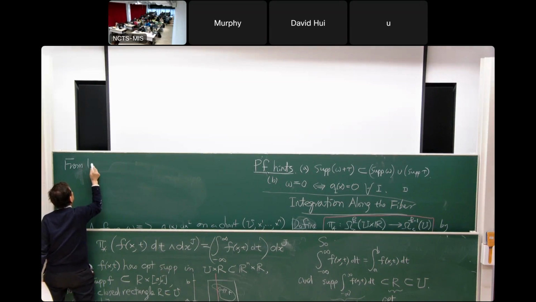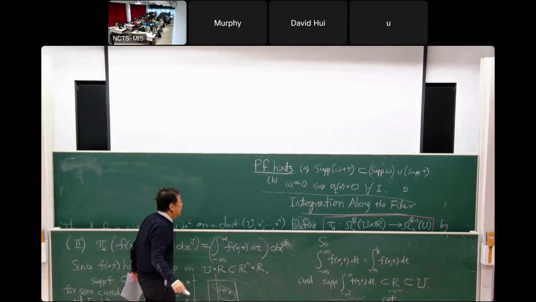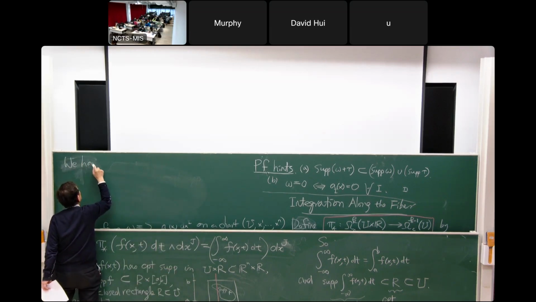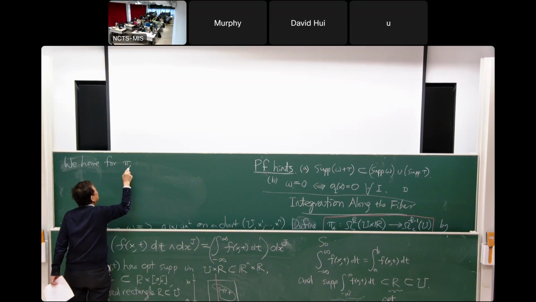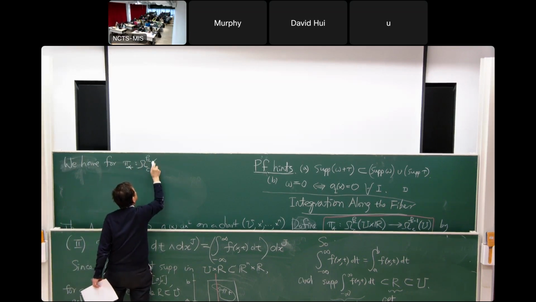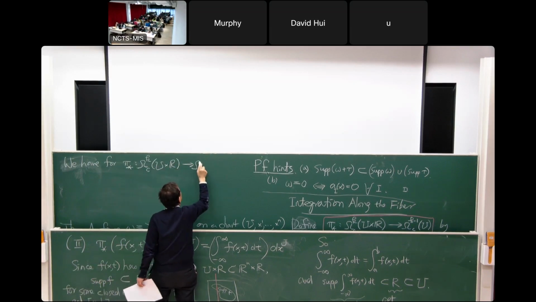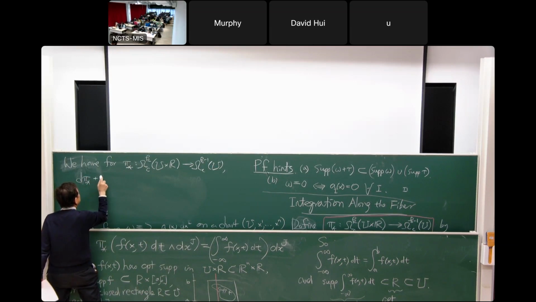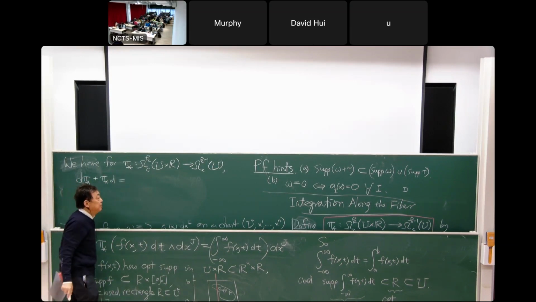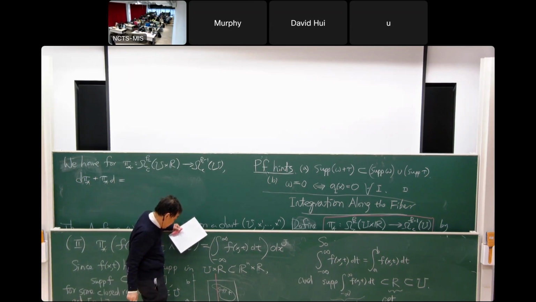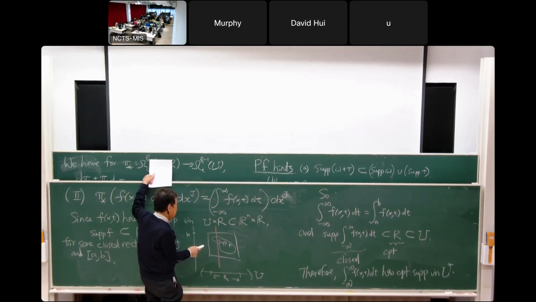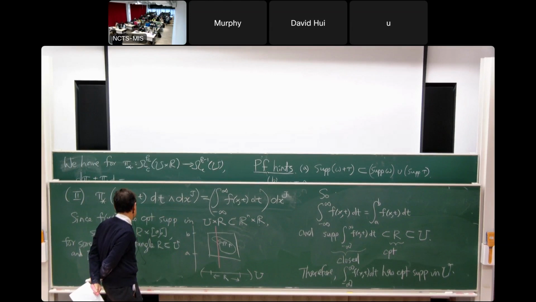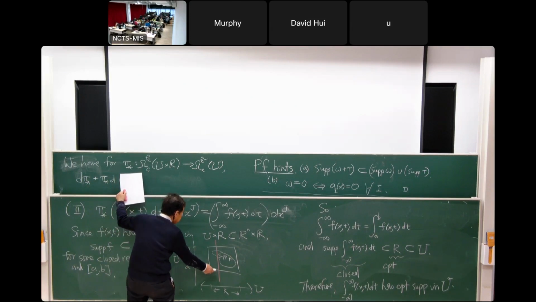So from the generalization of last time, we have for this new pi lower star: d pi lower star plus pi lower star d is equal to... For a particular f, it is the same as the integral from a to b.